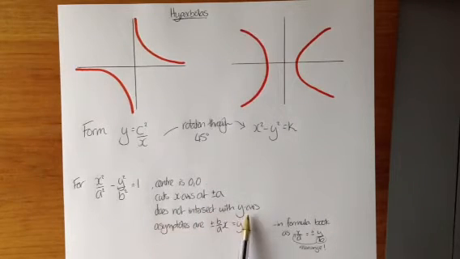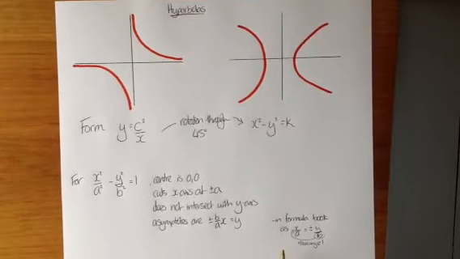It doesn't intersect with the y-axis at all, and the asymptotes are of the form y equals plus or minus b over a x. In the formula book, it's written as x over a equals plus or minus y over b. If you rearrange that by taking the b over to the other side, then you get them in this form. So it's worth remembering this whole b over a x part, because asymptotes are generally the first thing they ask you.